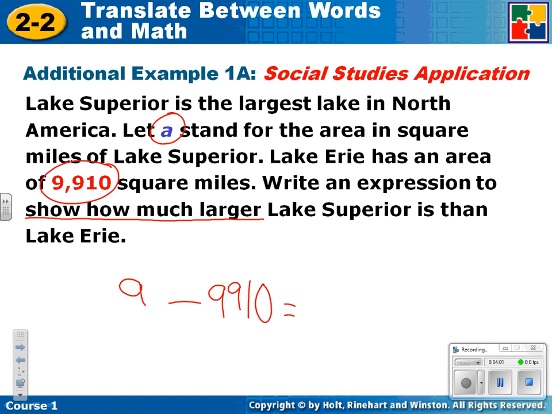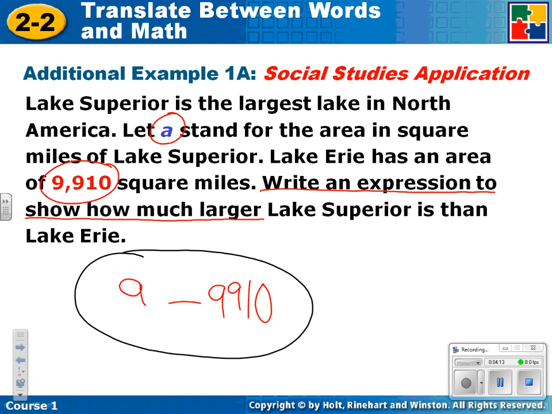It says write an expression. That's your problem. You need to write an expression. So right here, what you've written, A minus 9,910, there's your answer. That's all you need. You don't need anything else. Don't try and do any more than that, okay? Because you'll only confuse yourself.